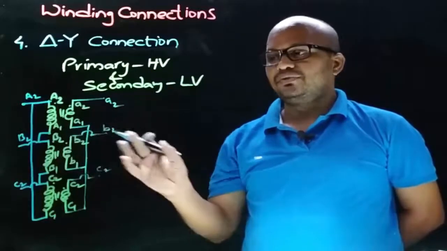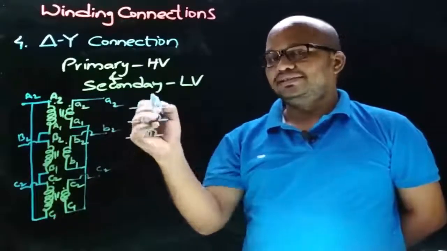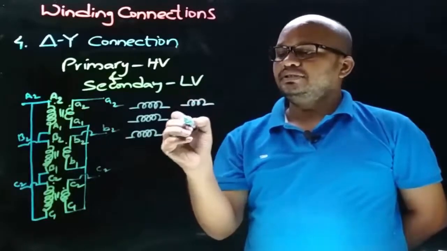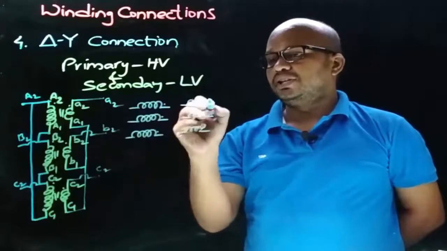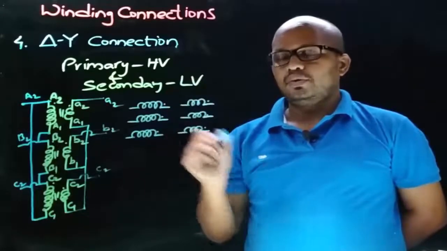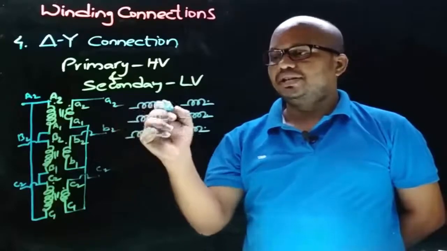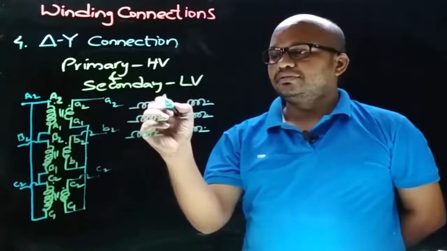So for that, let's arrange these windings in horizontal fashion. Let these 3 be the HV windings and let these 3 be the LV windings. These be the dot end terminals. Now let's give the notations. So as these 3 are the HV winding connections, the notations will be in capital letters.